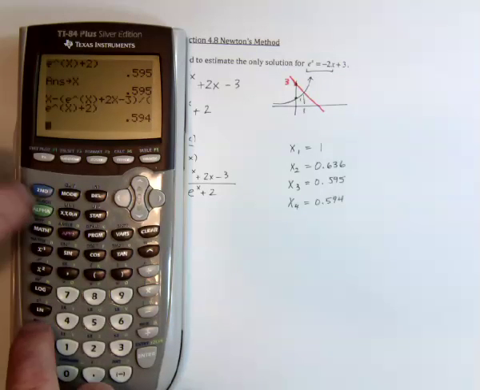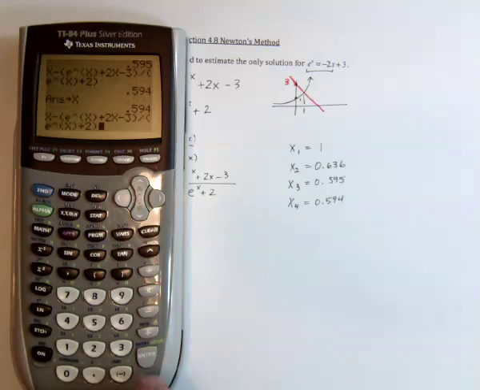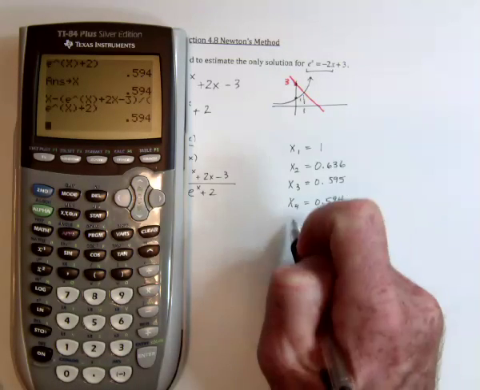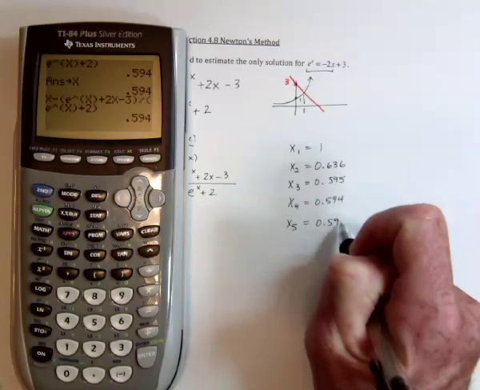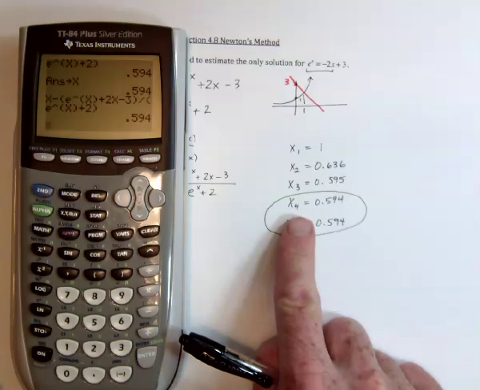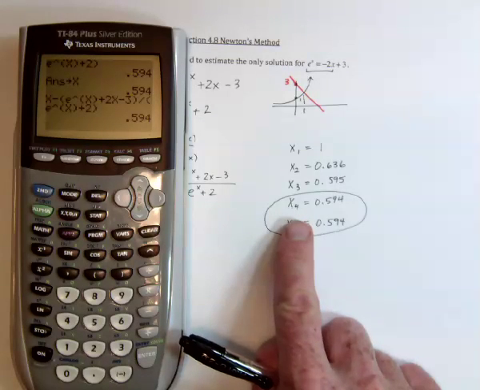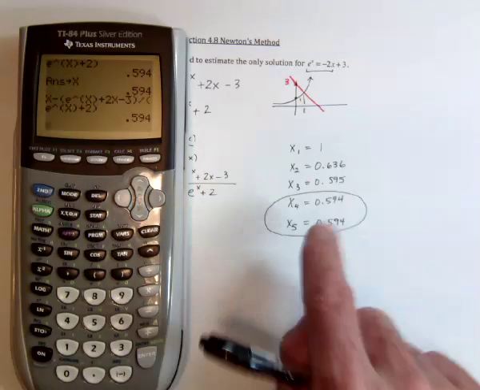And when you do this twice in a row and get the same thing, you're done. There it is. 0.594. And in case you didn't trust this process or your math, you could always go check it on the graphing calculator, but I'm pretty confident.